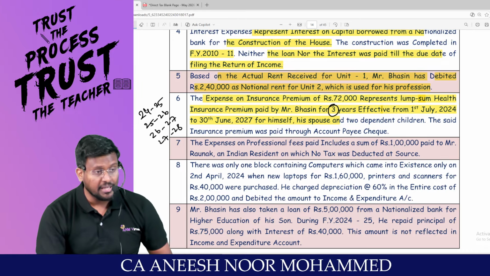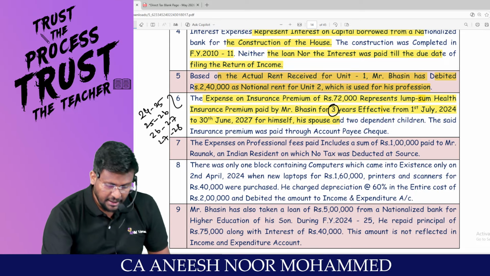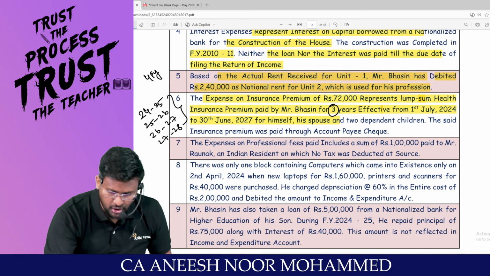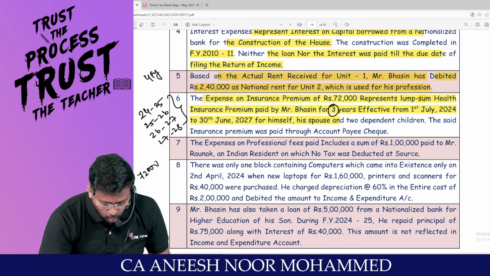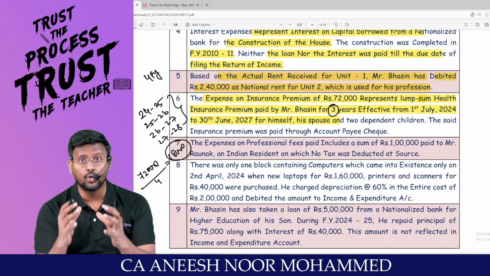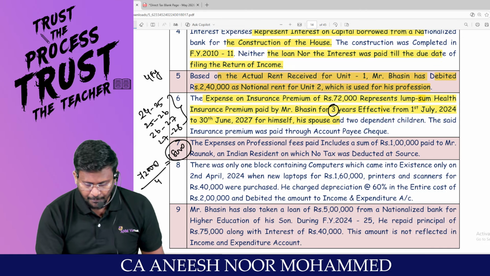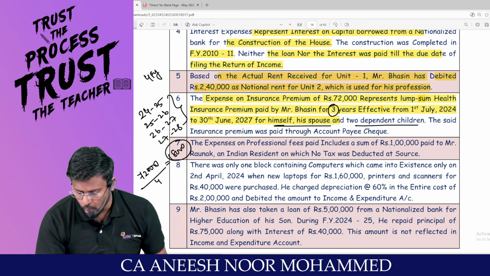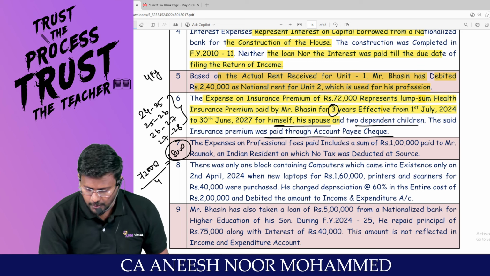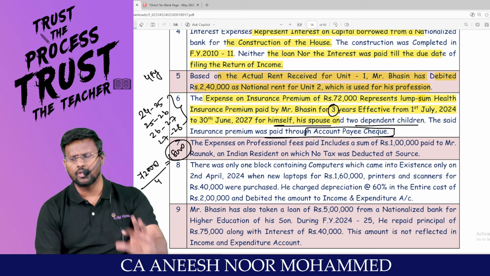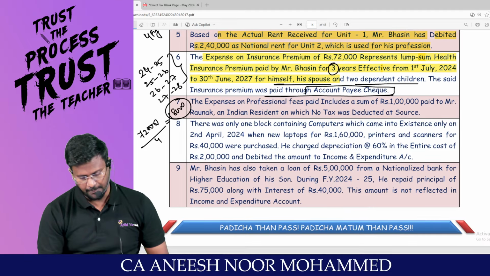Even though the premium is effective for 3 years, it is spreading over 4 financial years. That means 72,000 divided by 4, 18,000 is the attributable expense per year. So you can claim 80D for that, for himself, his spouse and 2 dependent children. If the said insurance premium was paid through account payee cheque, then beautifully you can enjoy the deduction under 80D.